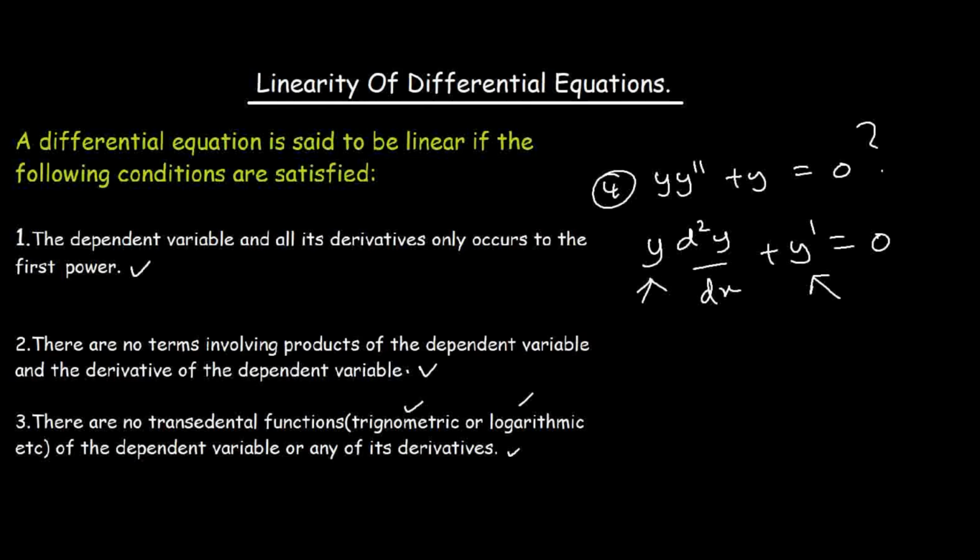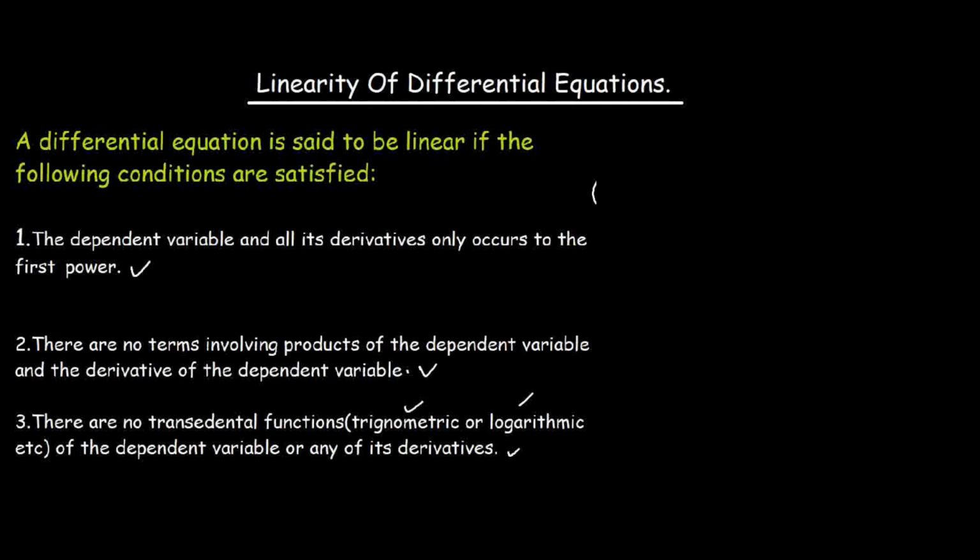So this y multiplying its derivative makes this differential equation a nonlinear differential equation, because it is going contrary to the second condition. So from here we can see that this is a nonlinear differential equation. Okay, that's the last example for this video.